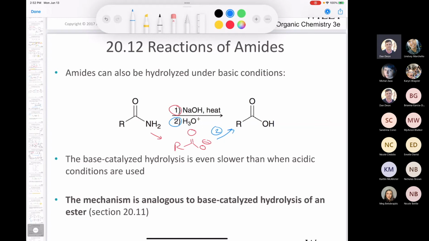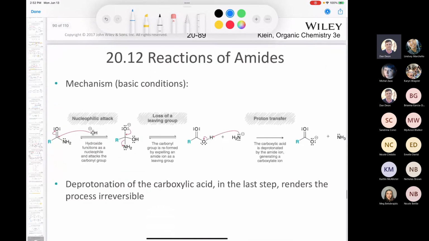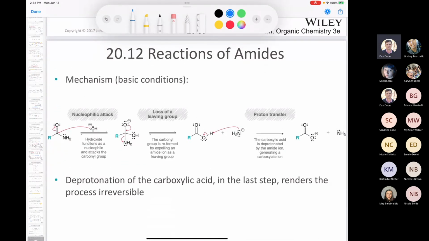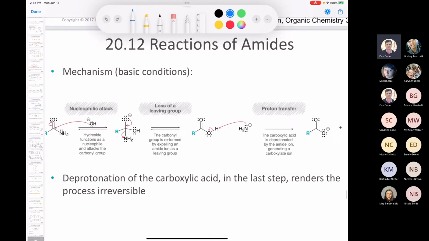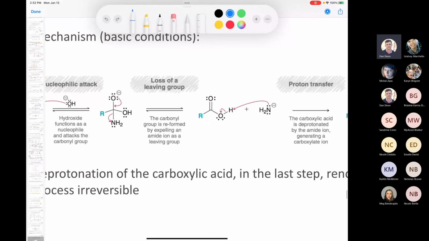Now, the mechanism. It's analogous to the base catalyzed hydrolysis of an ester. Same thing. You get the nucleophilic attack because hydroxide is a very powerful nucleophile. You lose a leaving group. This time your leaving group is amide. Remember that NH2 minus, that's called the amide ion.